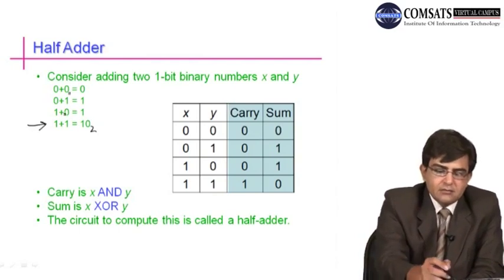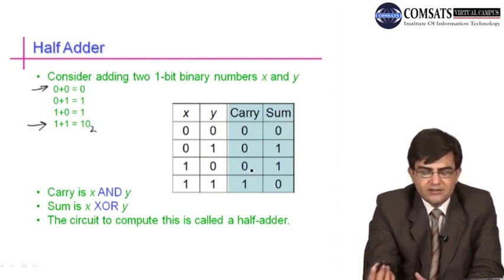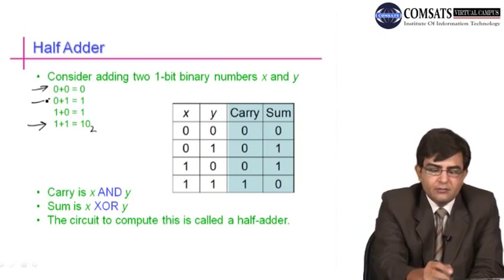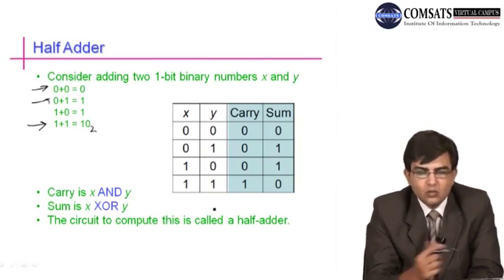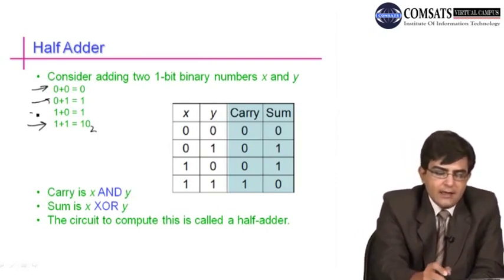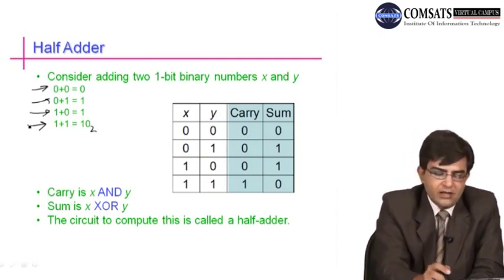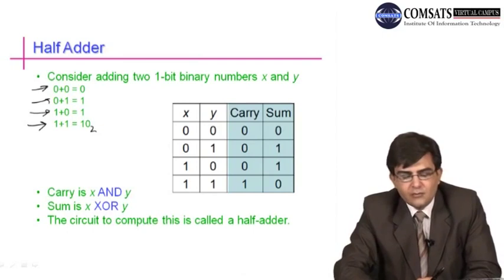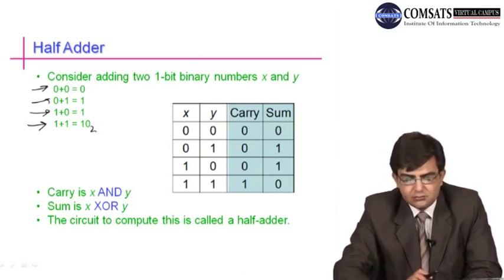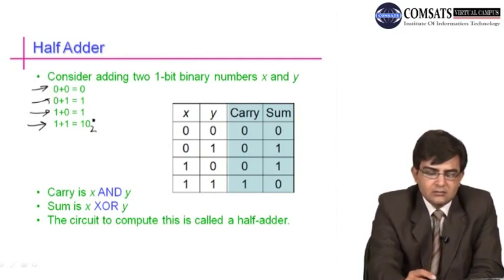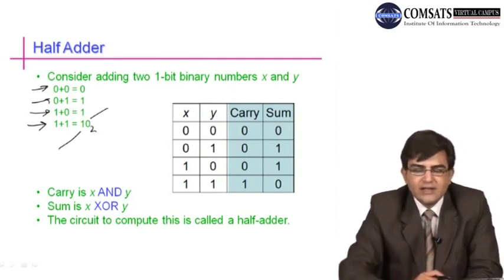Now the problem is, if we add up 0 plus 0, it's 0, there is no problem. If we add up 0 plus 1, we get 1, there is no problem. If we get 1 plus 0, we get 1, there is no problem. But when we add up 1 plus 1, there are two digits. One is called sum and the other is called carry.